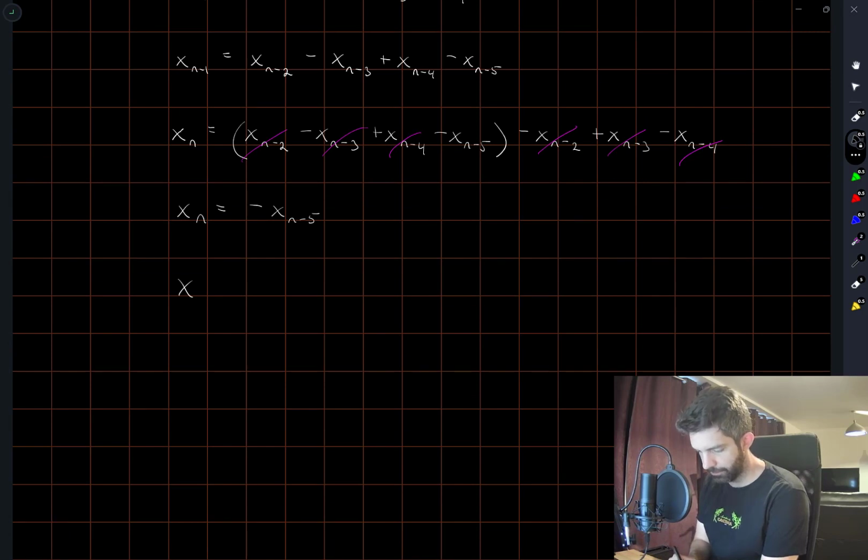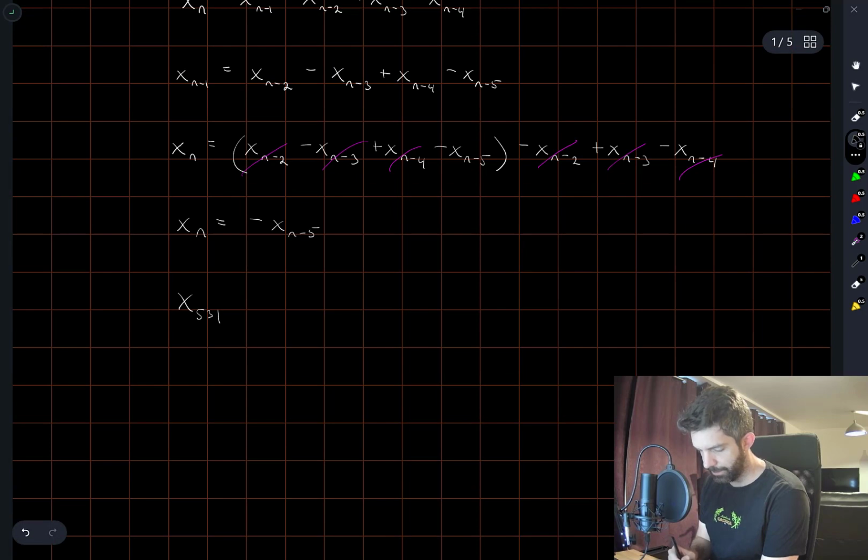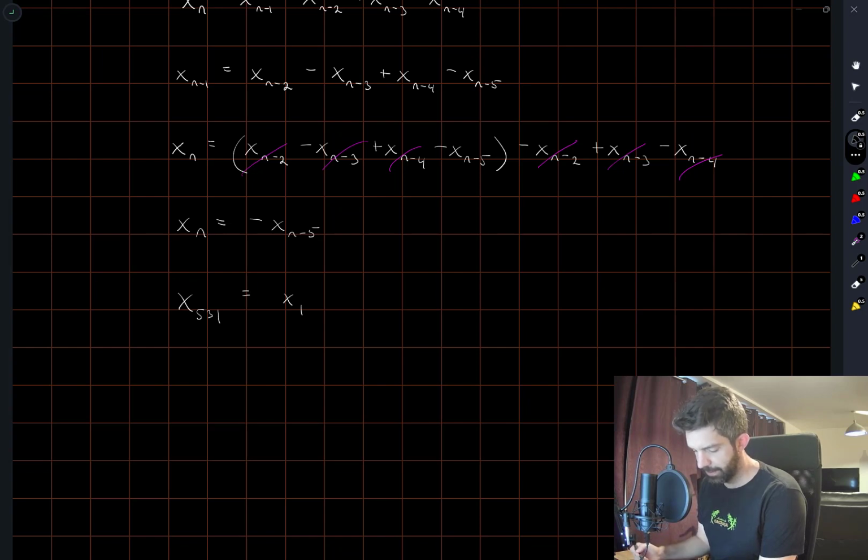Okay, so x531, which we're asked specifically about, is one of the 3 terms in the sum that we have to compute. This is going to be equal to x1 with a potential plus or minus in here. It'll be positive because I subtracted an even number of multiples of 5.